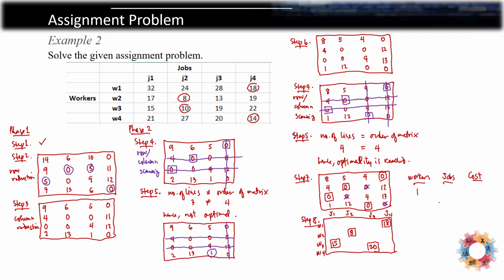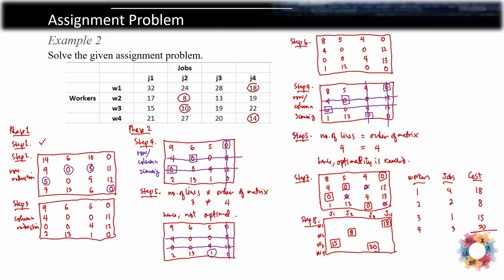Worker 1 is assigned to job 4, and the cost of that is 18. Worker 2 is assigned to job 2, and the cost of that is 8. Worker 3 is assigned to job 1, and the cost of that is 15. Worker 4 is assigned to job 3, and the cost of that is 20.